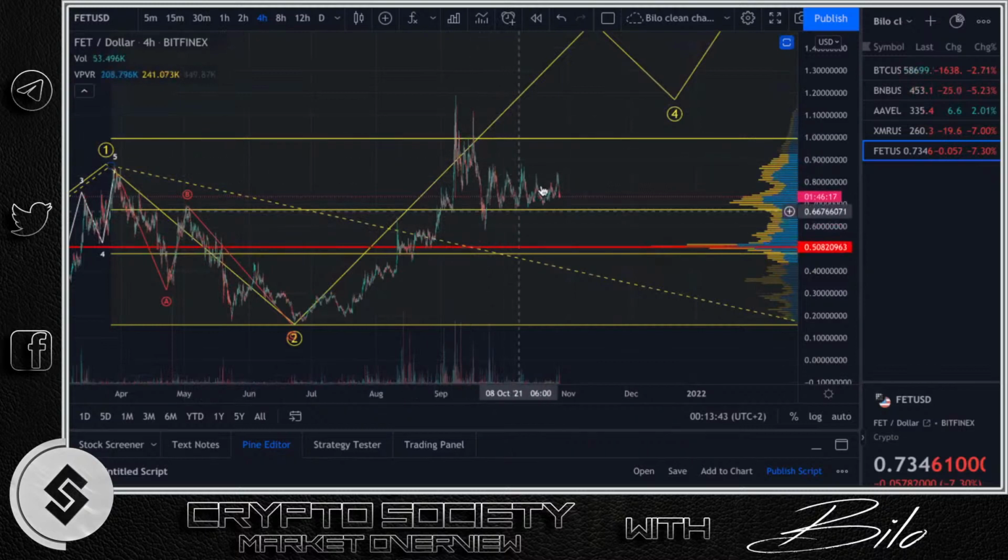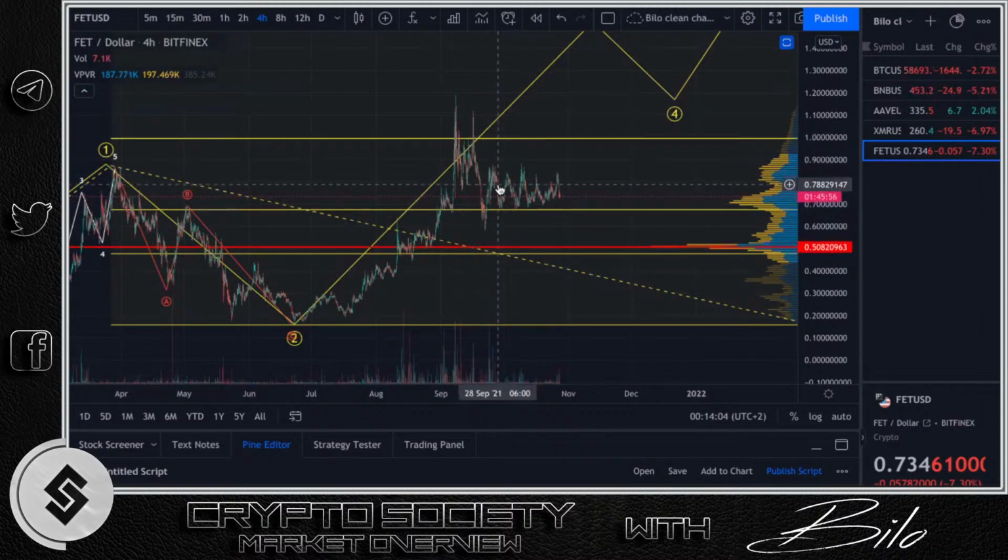So you see this here? Yeah, that's what I've been staring at for the last 2 months. Remember what I was telling you about corrections? This here is called a double 3 correction, and it's the most complicated correction you can have in Elliott Wave theory.